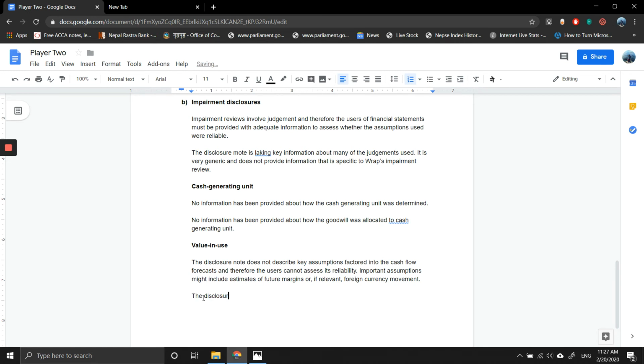The disclosure does not say whether the forecast represents past experience, what the past deviances have been, or future expectation.